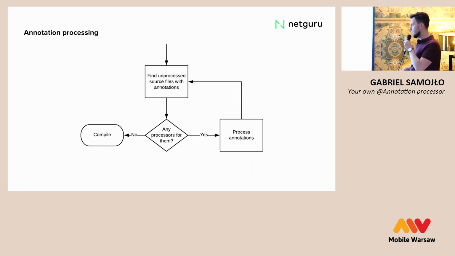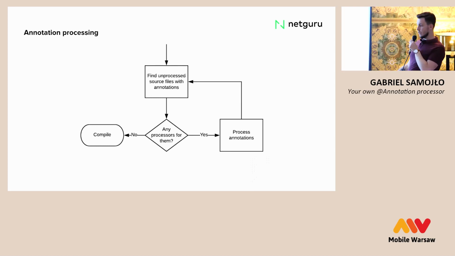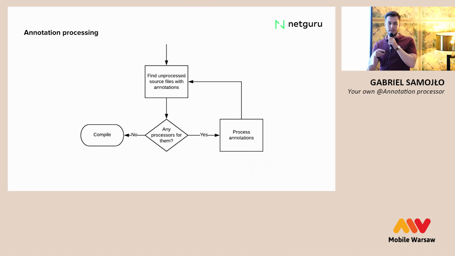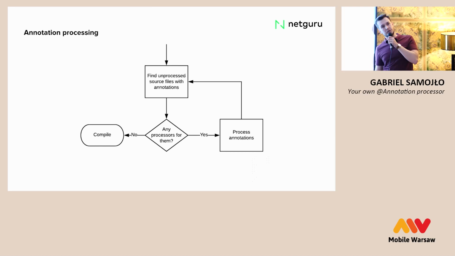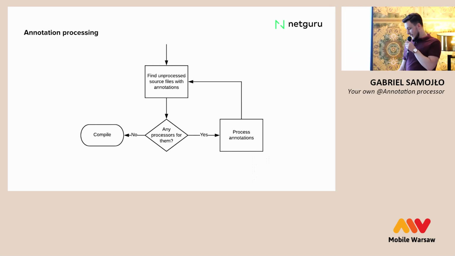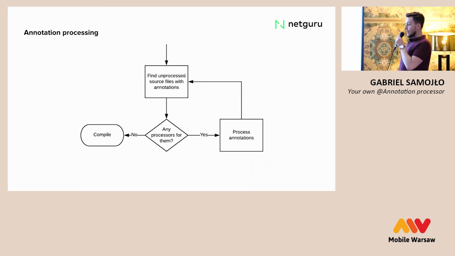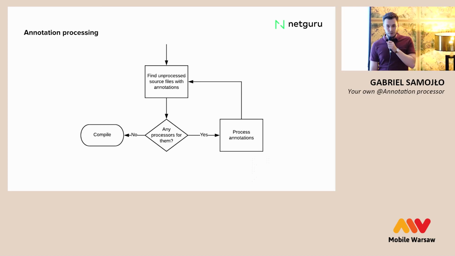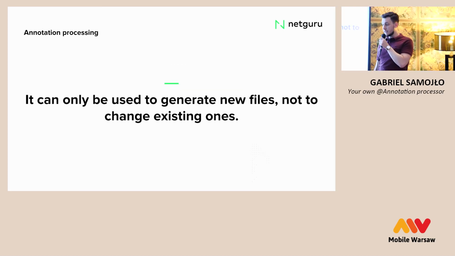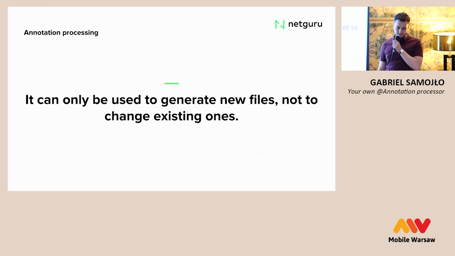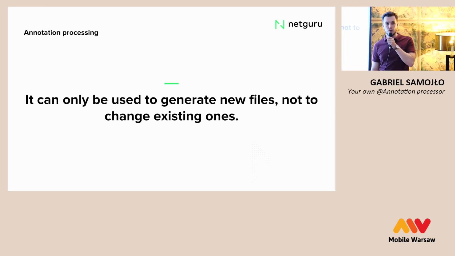So let's imagine the scenario in which, when we are going to process an annotation, let's get this post annotation from Retrofit, we're going to generate some code that will have another annotation, let's say get, and it will go and run and never compile, right? So that's why annotation processing has only one rule: it can only be used to generate new files and not to modify them.